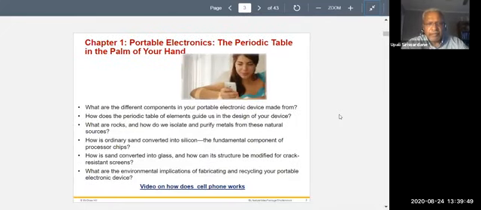You guys are familiar with your cell phone. Everybody is holding it all the time. I can see my kids are always with the cell phone, looking at something. What items is the cell phone made from?